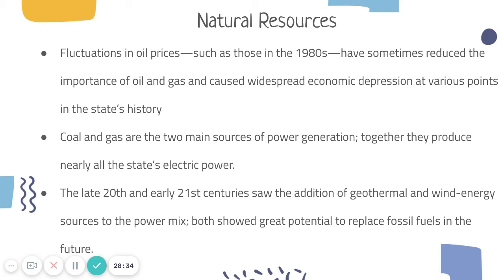Now, when we start getting to present day, we see that one element that Oklahoma has been leading the charge in is geothermal and wind energy. They've been trying to figure out a more beneficial energy source that could possibly replace coal and gas, coal and oil.